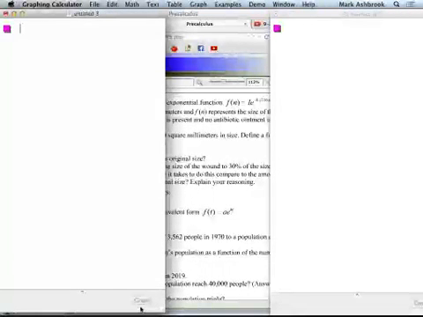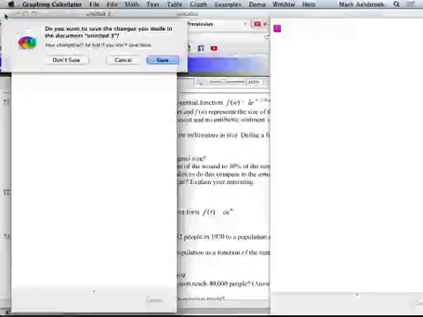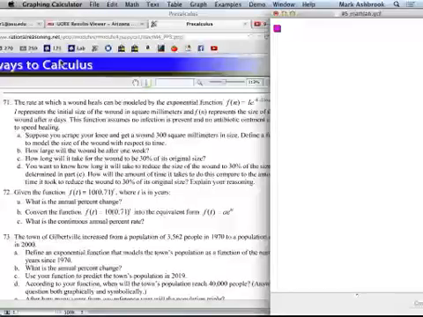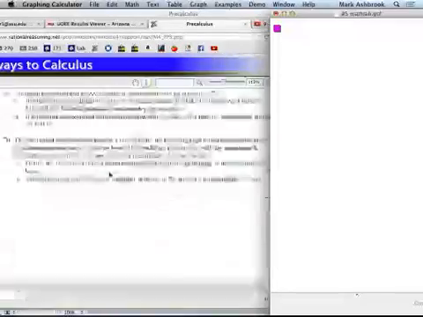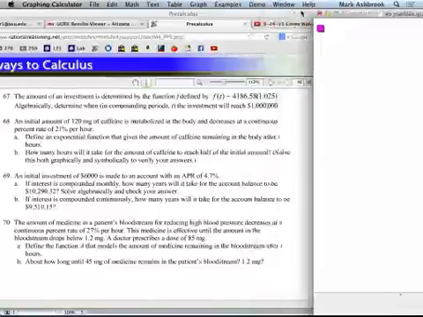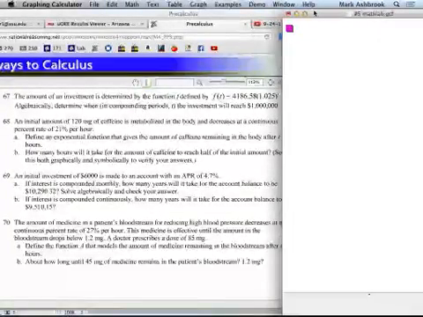First class. We're going to do number 67 together. Right there. Okay, so 67 says we've got this investment, and T is the number of compounding periods. So it's a really general problem.